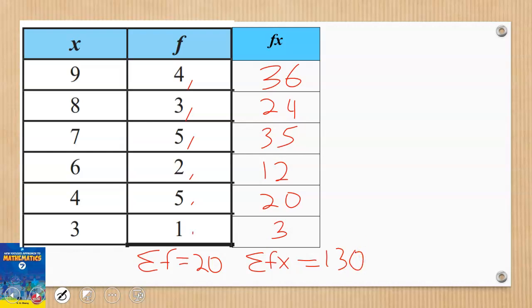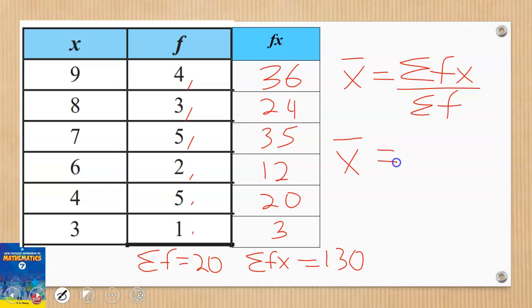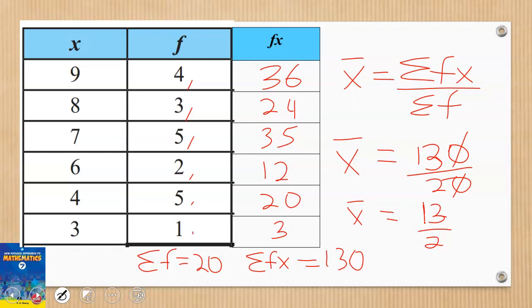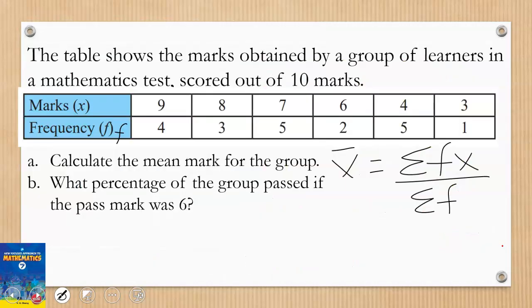Now, if we pick our mean, the formula is summation of fx over summation of f, then our mean now becomes 130 divided by 20, which is more or less 13 divided by 2, because we can divide both sides by 10, which cancels the zeros. So what is 13 divided by 2? 6.5.